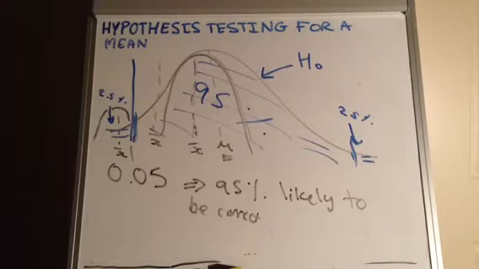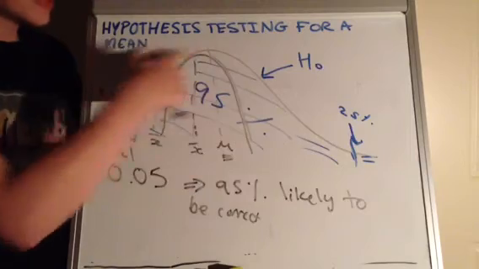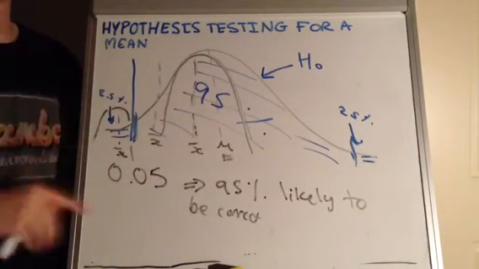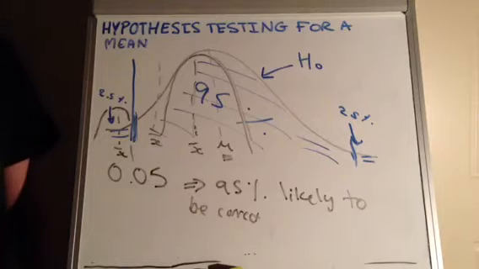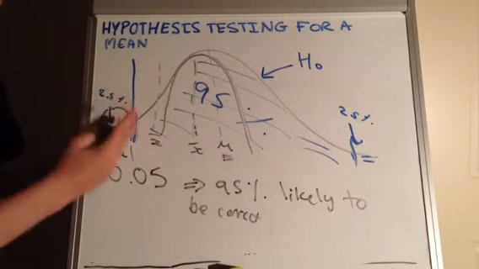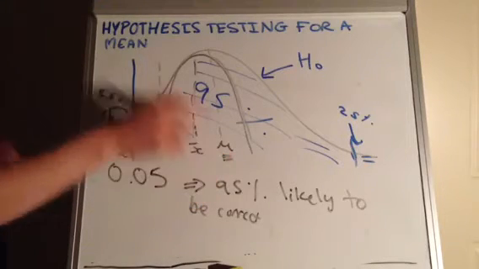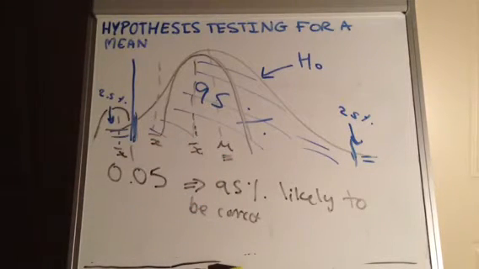So again, that 0.05 significance level comes from the fact that there's 95% of the values there, and we just exclude 2.5% each side as being the extreme value. So anything beyond that point is where you start getting an extreme value for your sample mean. Again, it doesn't mean that this population mean, or the claimed mean, isn't correct. It just means that at a certain significance level, it is very unlikely.